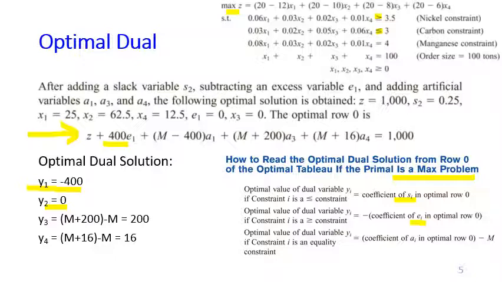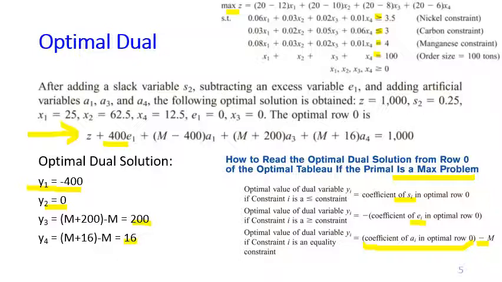For the third and fourth constraints, they are equality constraints, so we need to read the coefficient of A3 and A4, but then minus M, put the minus M to the coefficient. So for A3 it becomes 200, and then for A4 it becomes 16. I mean the value for y3 becomes 200, the value for y4 equals 16.